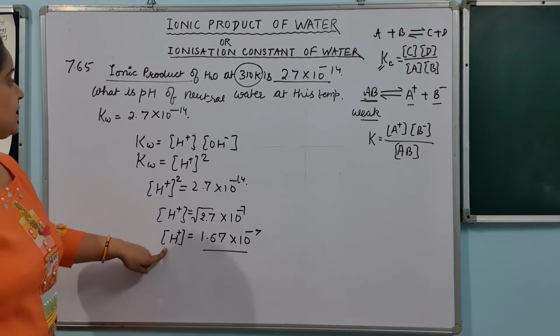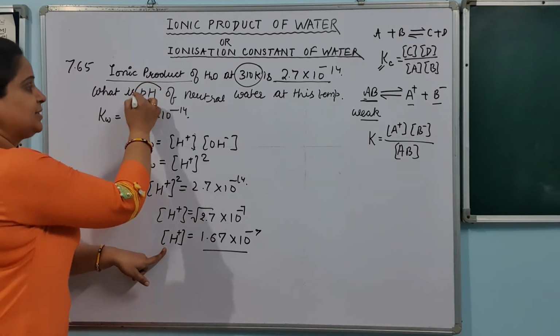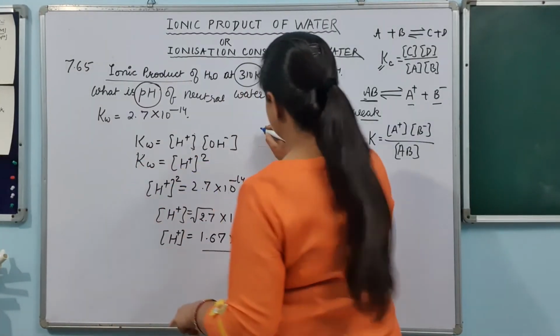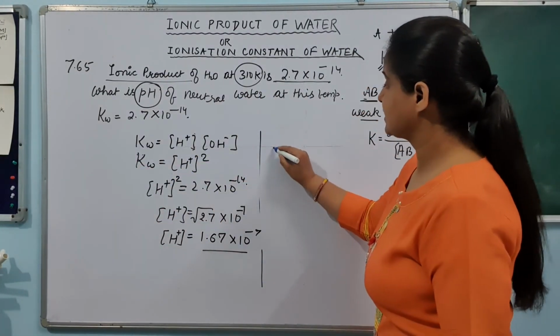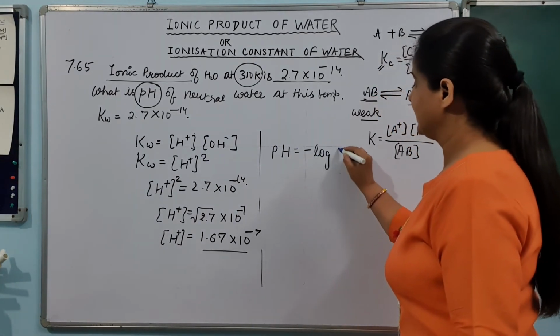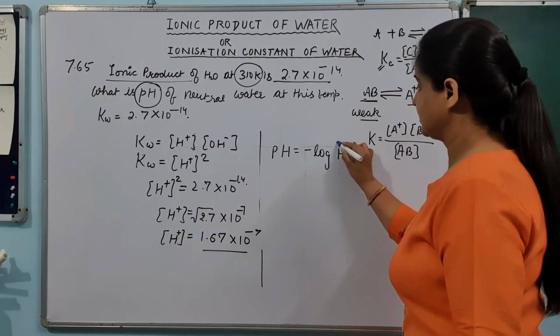You have not been asked for the H plus ion. You are asked the pH of the solution. Okay, so our work is done. What we have to do? We have to calculate the pH. And how do we find pH? pH equals minus log H plus ion concentration.